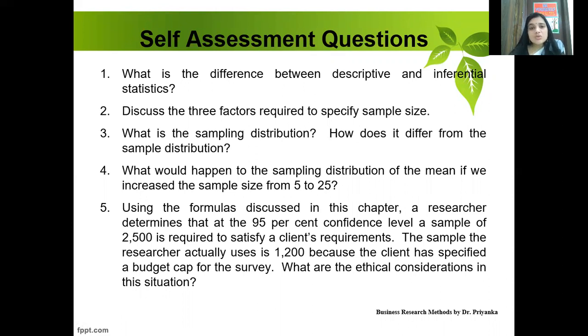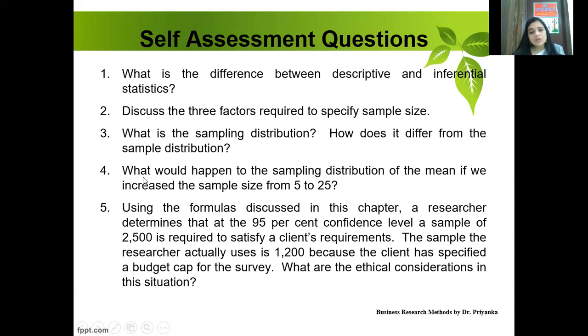Its distribution of x bar is generally taken to calculate the sampling distribution. The sample distribution basically is the frequency distribution of just x from the actual sample drawn. So this is the basic difference.